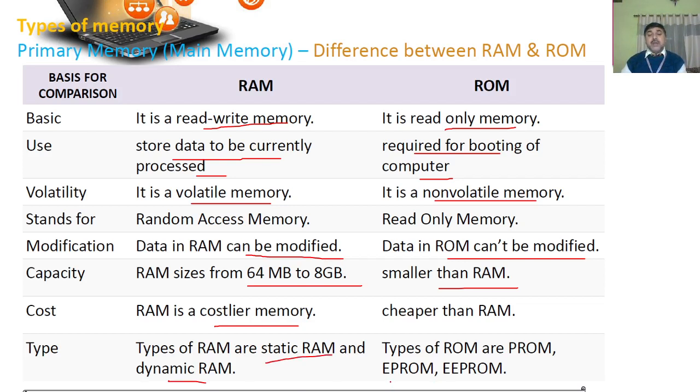For ROM we find EPROM, that means erasable programmable read-only memory, and EEPROM, electrically erasable programmable read-only memory. Those are the two types we find. Each of these sections has a different way of working and a different way of storing.